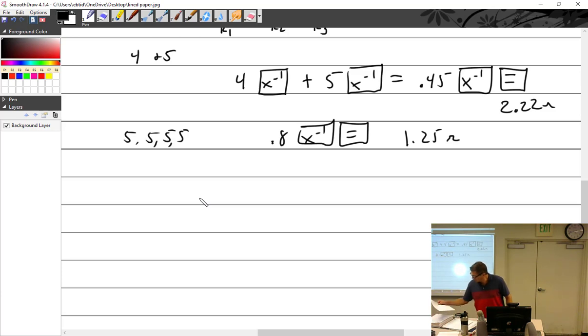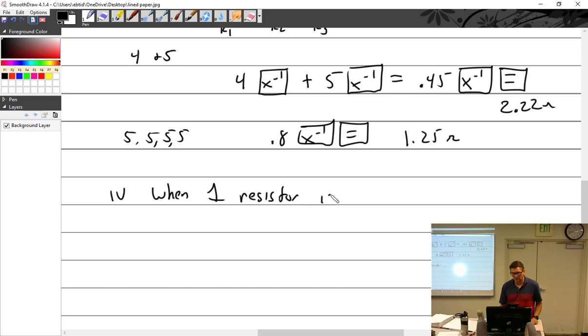All right, there is a formula for when one resistor is missing.